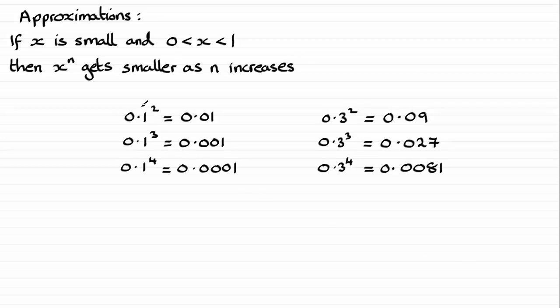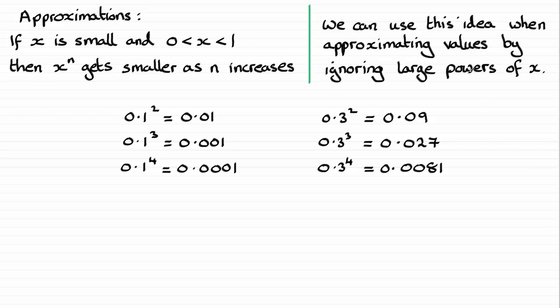For instance, if you had 0.1 squared, it's 0.01, and you can see that as we raise the power, the value gets a lot smaller. And I've got another example here with 0.3. When you square it, 0.09, and as you can see, the higher the powers get, the smaller the value. So we can use this idea when approximating values by ignoring large powers of x.